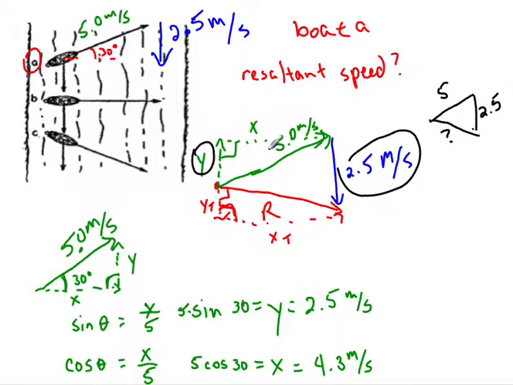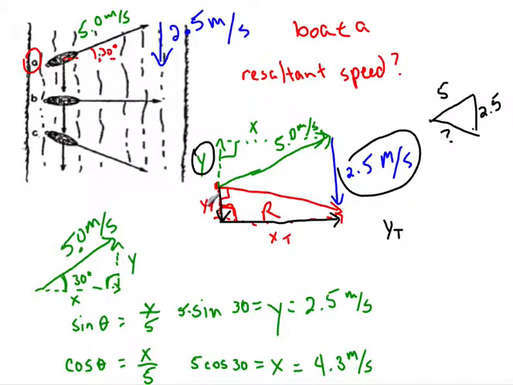So if we can find y total, and we know x, the x component of this 5 meters per second, is the only thing contributing in the x for the resultant r down here, then we need to find this side and this side of our r.